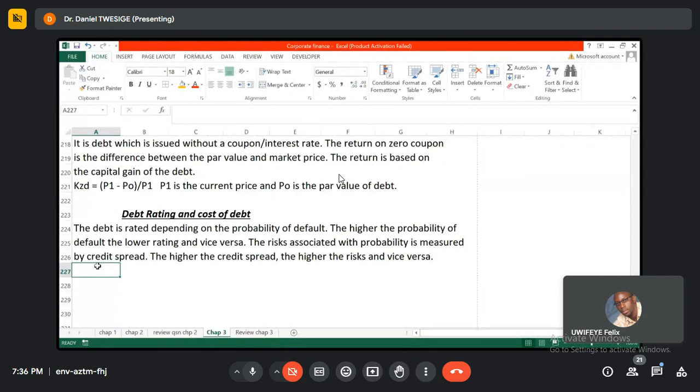So when we have a debt rating, our cost of debt will be equal to the risk-free rate plus the spread, times 1 minus T. If the debt is rated, that is how you are going to determine the cost of debt.